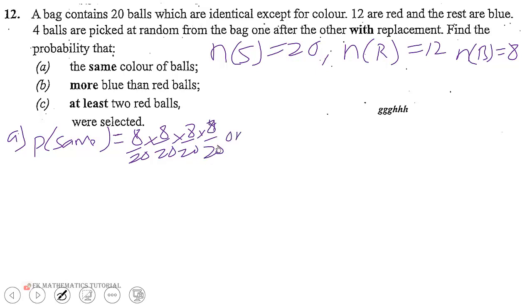Or the first one is red, the second one is also red, then third one is red, and the fourth one is also red. So when you calculate this, we will obtain 97 over 625.